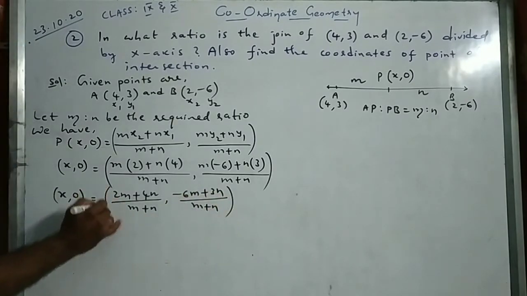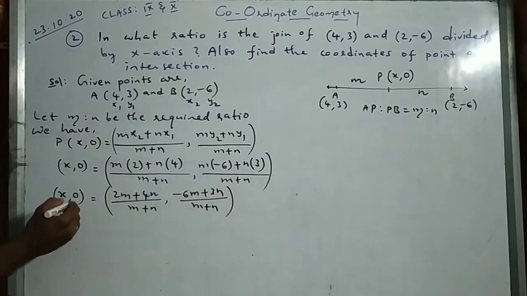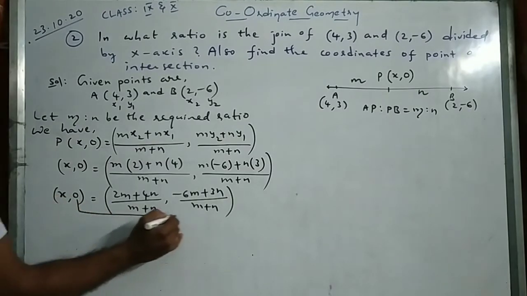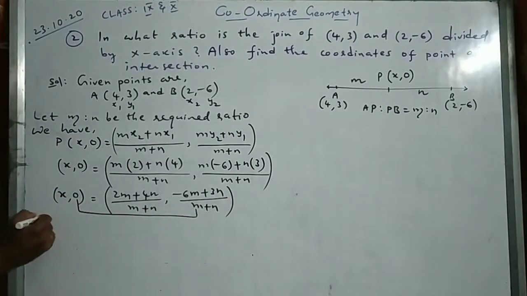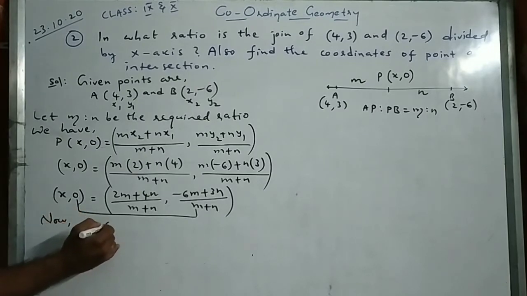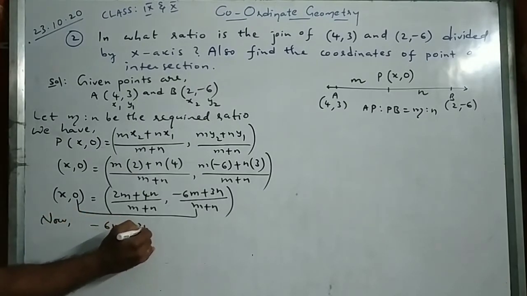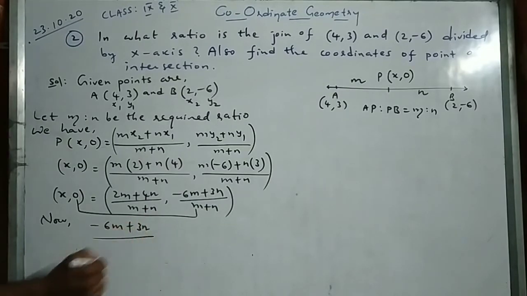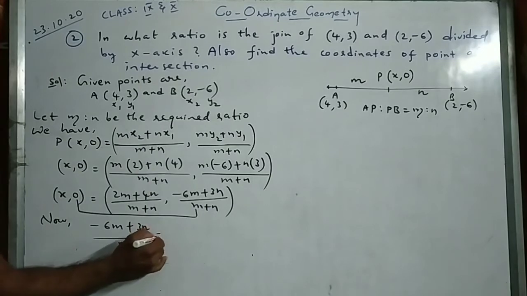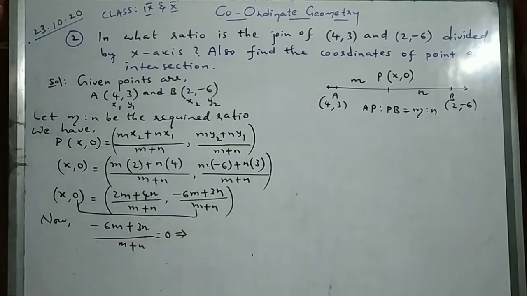This is the formula. Now which one should we equate? The y coordinate should be equated. You should equate the y coordinate equal to 0. Before that, what did you do? We made the x coordinate 0. Now what should you take? The y coordinate is 0, right? Because it is divided by the x-axis. So the y coordinate should be 0.